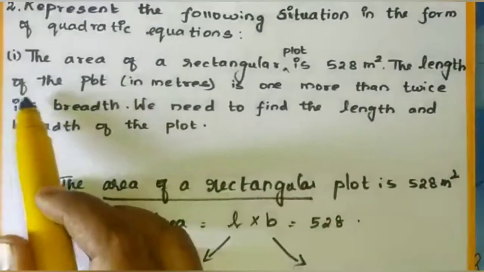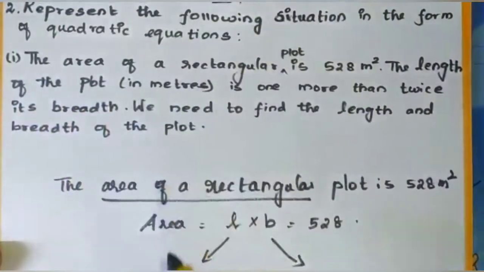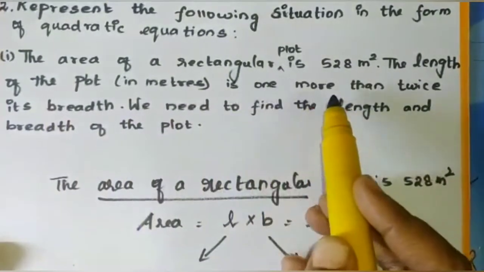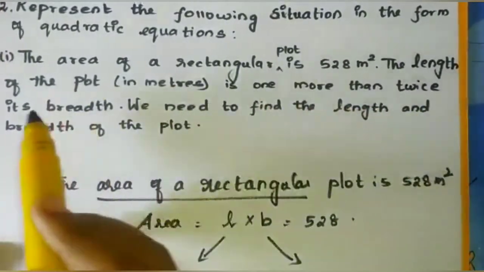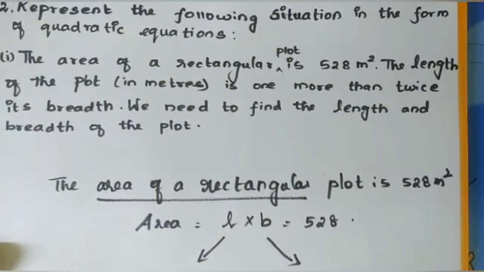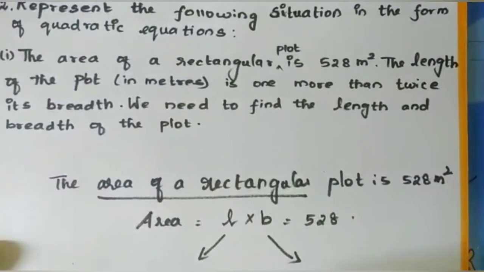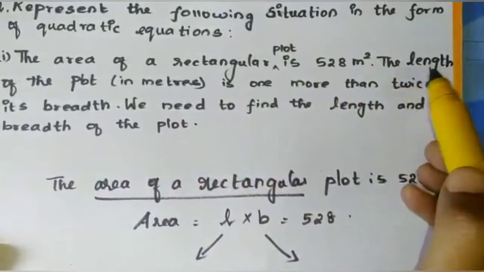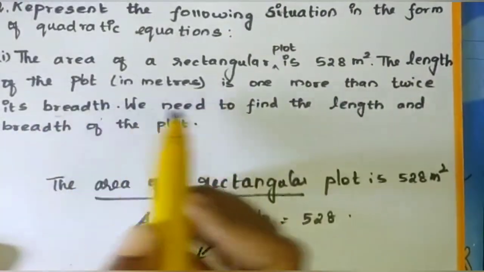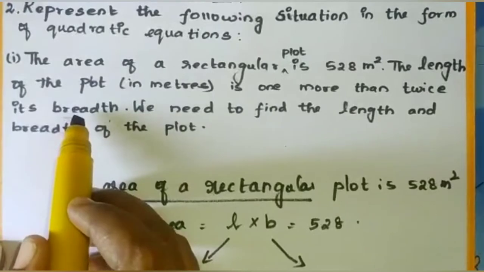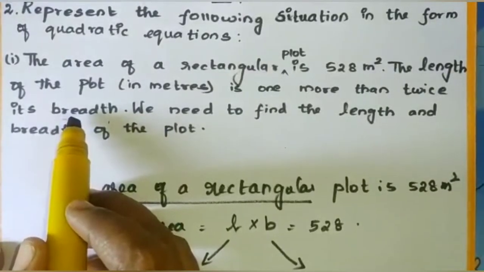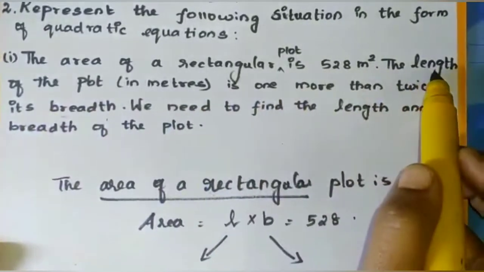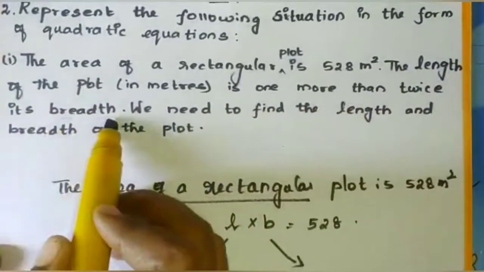The length of the plot is 1 more than twice its breadth. So the length is given by the breadth. Clear? Read clearly.